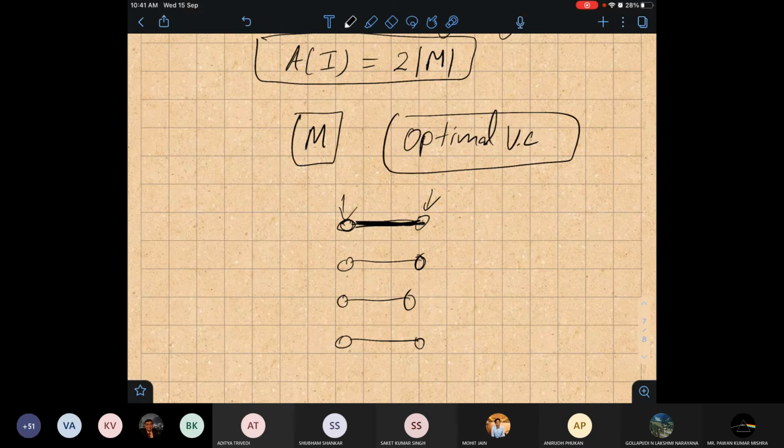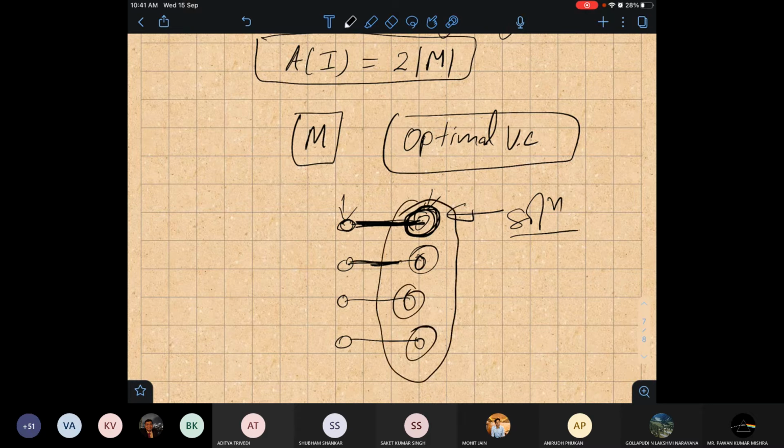Suppose for this edge, this node is in the vertex cover, and for this edge again, the same. So for these 4 nodes of this maximal matching, I need at least these 4 nodes in my vertex cover solution.